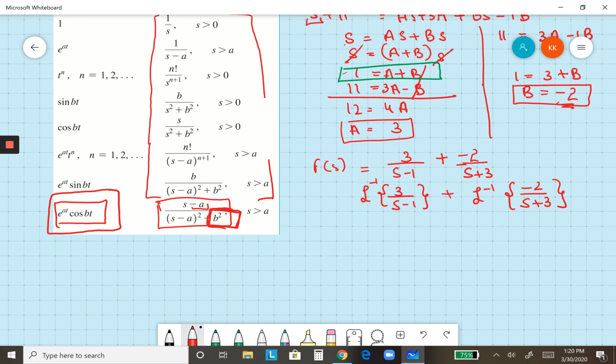So here we can take the constants out from both terms. So it will be 3 times the inverse Laplace of 1 over s minus 1 plus, we can take out the -2 here, so it will be plus -2 times the inverse Laplace of 1 over s plus 3.